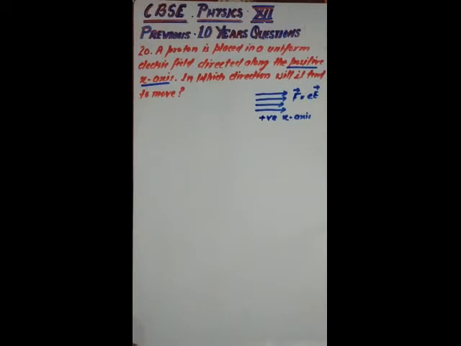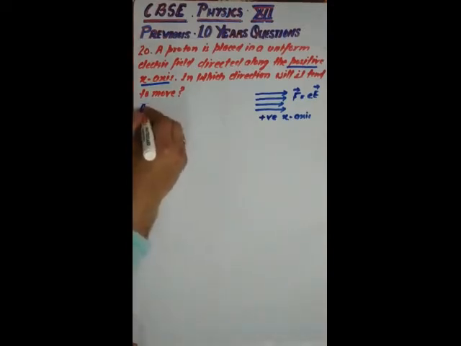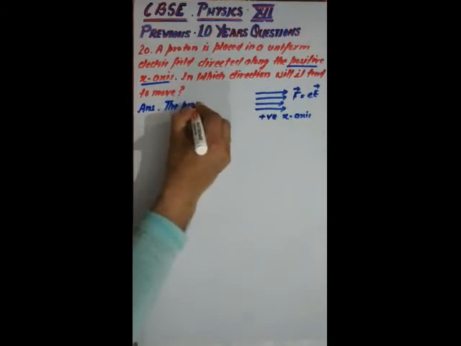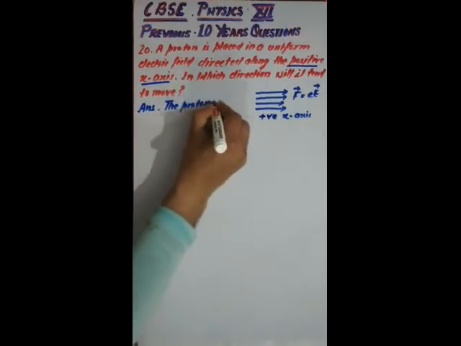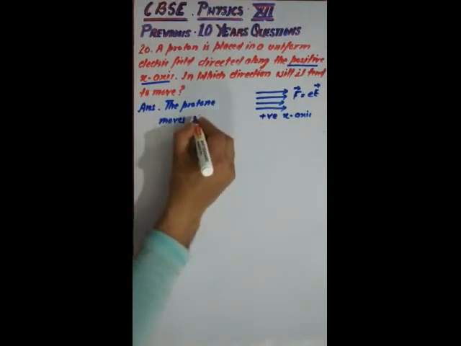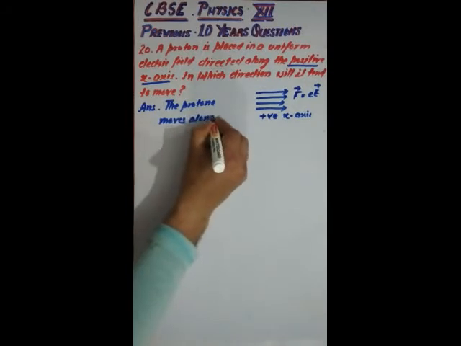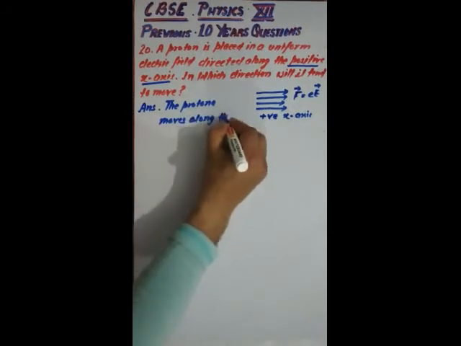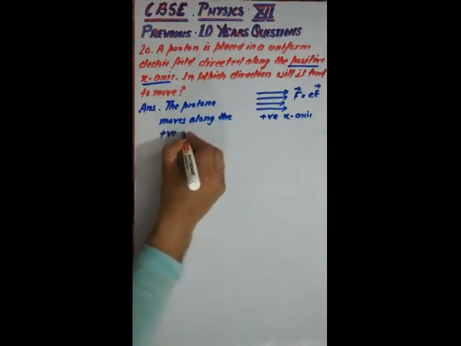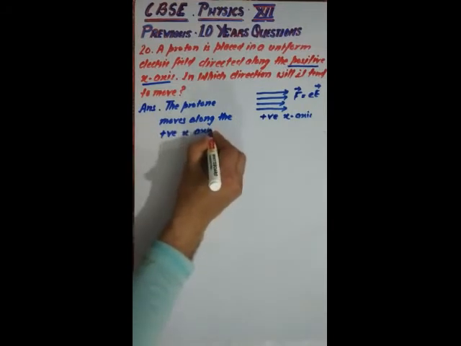So we can say that the proton moves along the positive x-axis. Answer: the proton moves along the positive x-axis.